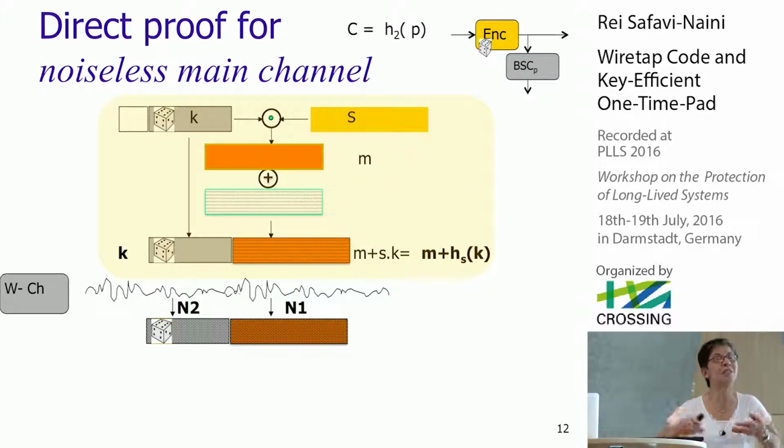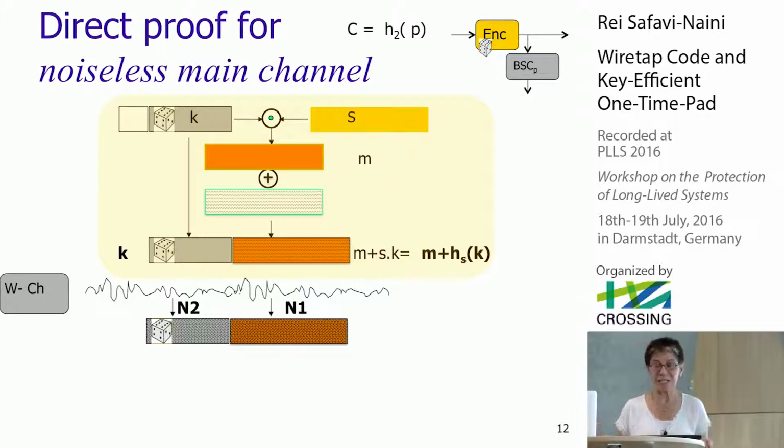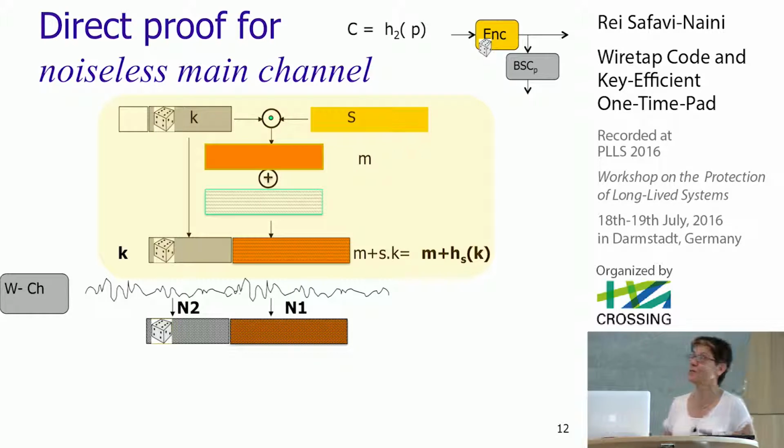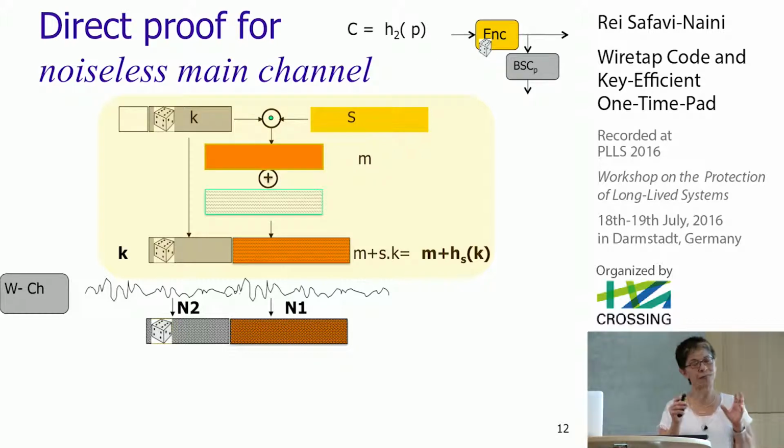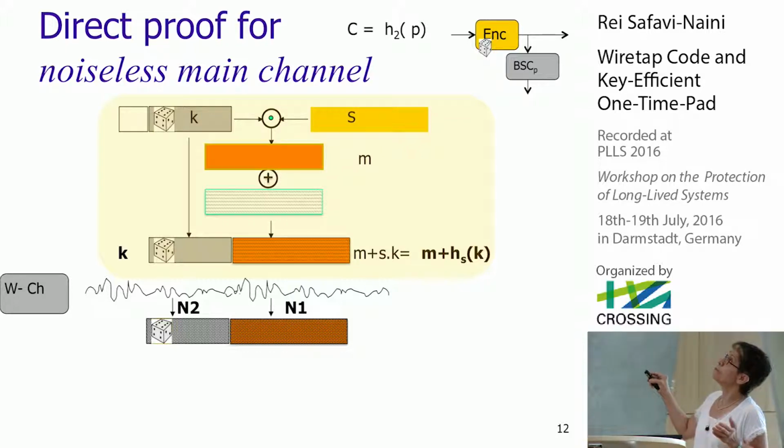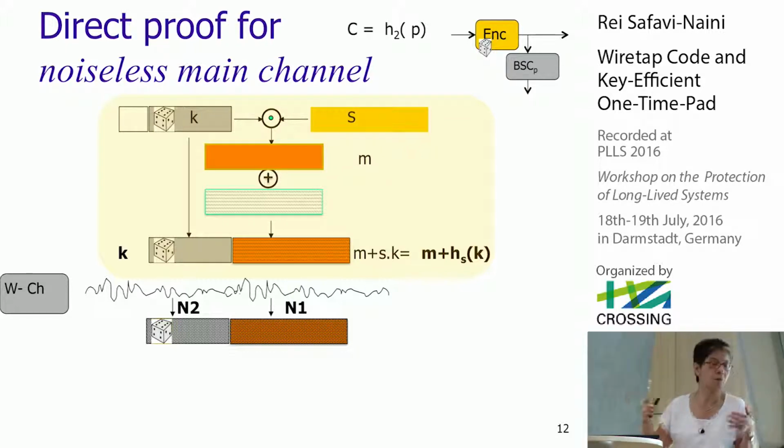So we have to add this extra error correcting code. But this extra error correcting code does not add to security. So to focus on the security property of the secure coding, we assume that this is noise-free, just to make the way that secure coding works more clear.